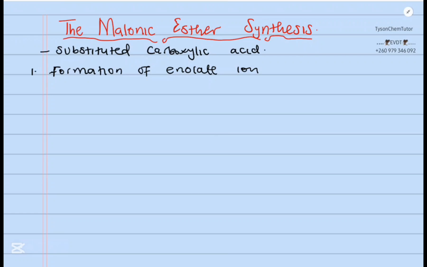Most of the bases used here are strong bases. For your own information, an example of a strong base that we can use to form enolate ion is sodium ethyl oxide.